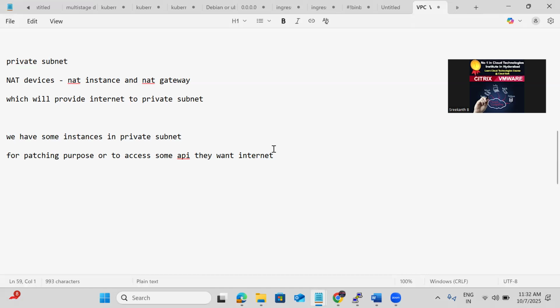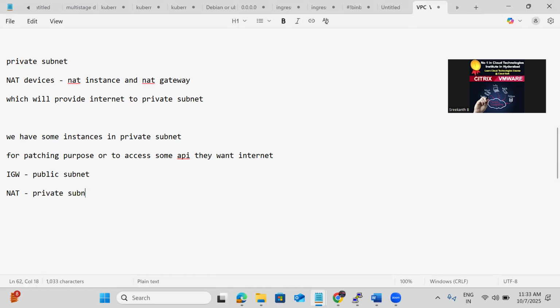Here I'll ask one question. If I attach an internet gateway, that will become a public subnet. If I attach a NAT gateway or NAT instance, it will become a private subnet.